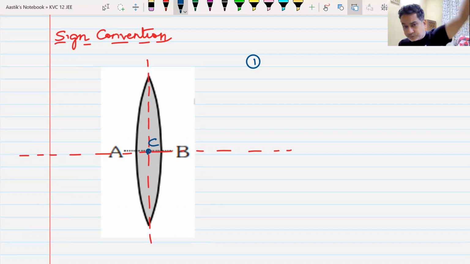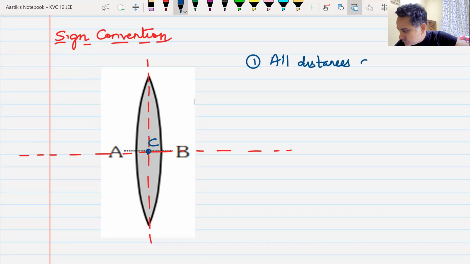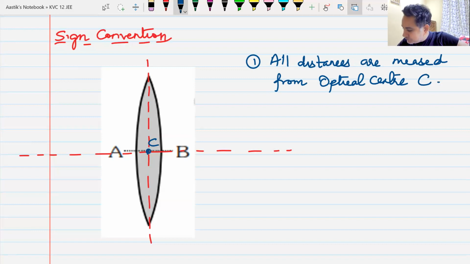All distances are measured from the optical center. Well done. Optical center. I am calling it C.